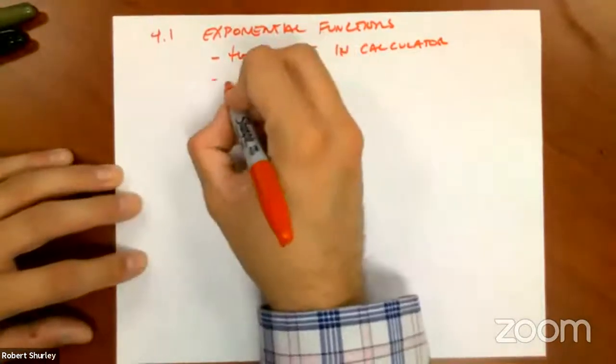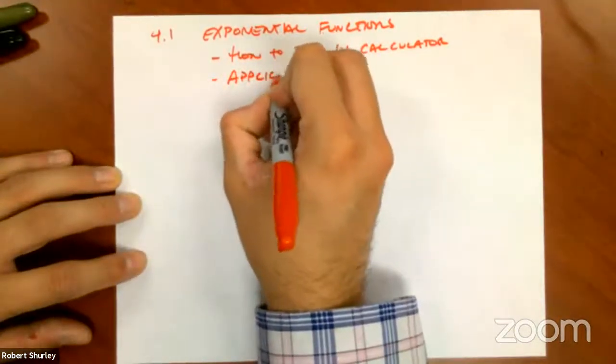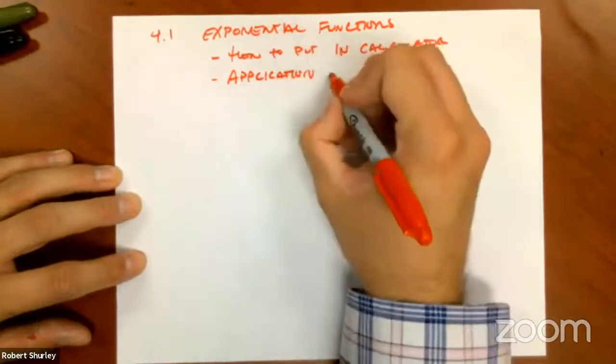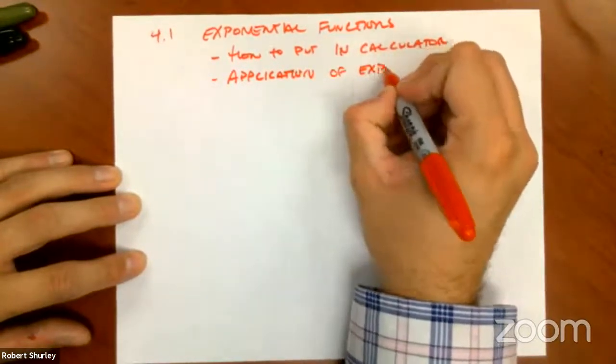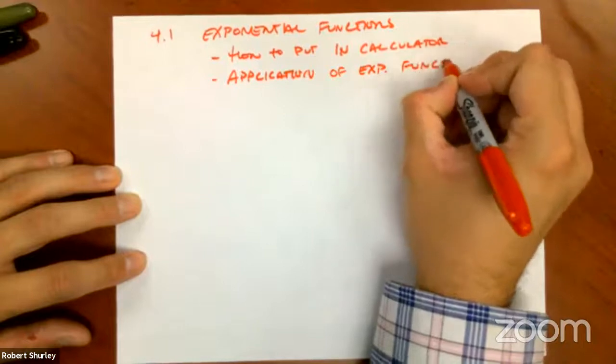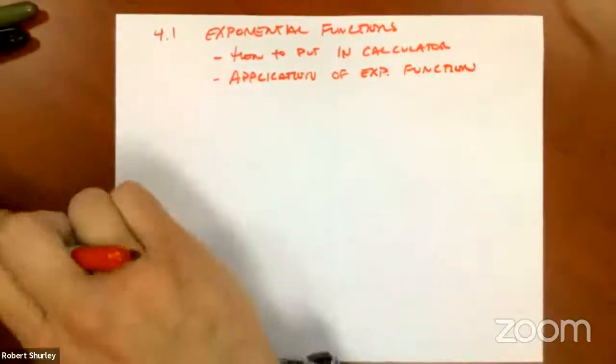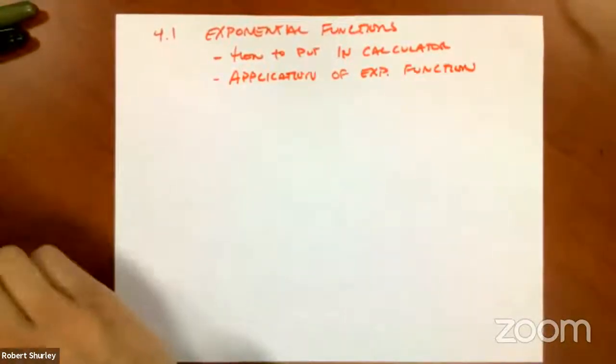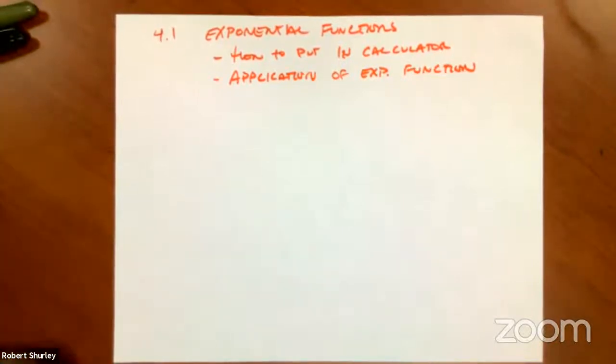Then I'm going to put in an application of an exponential function. And if you saw the lecture, you'll know what I'm talking about. In the lecture, I talked about gray wolves, the gray wolf population in the northern Rocky Mountains.